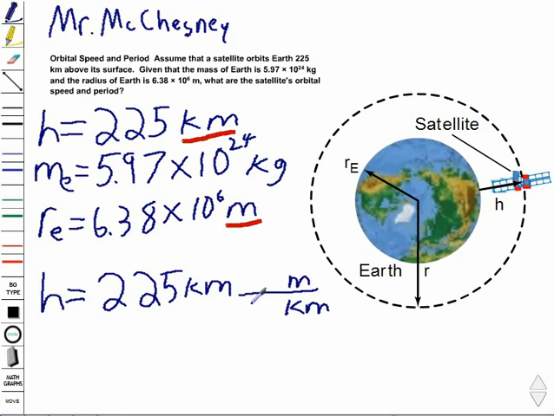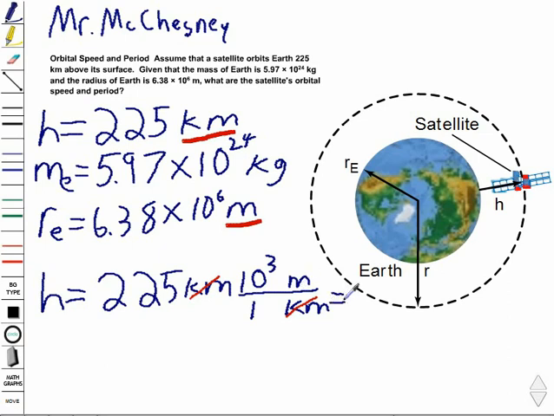And I know that 1 kilometer is equal to 1,000 meters. And one way to write 1,000 is to write it as 10 to the 3rd meters. If I do that, I've got kilometers divided by kilometers, so those units cancel out, and I'll be left with an answer in meters, because that's the only unit I have left.